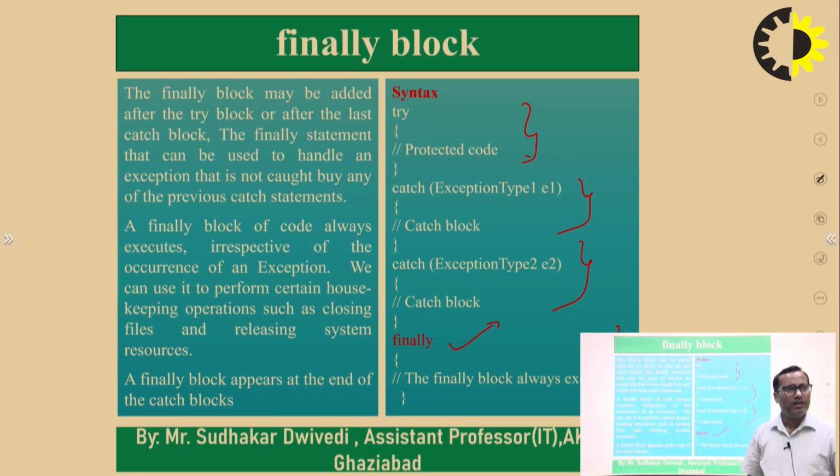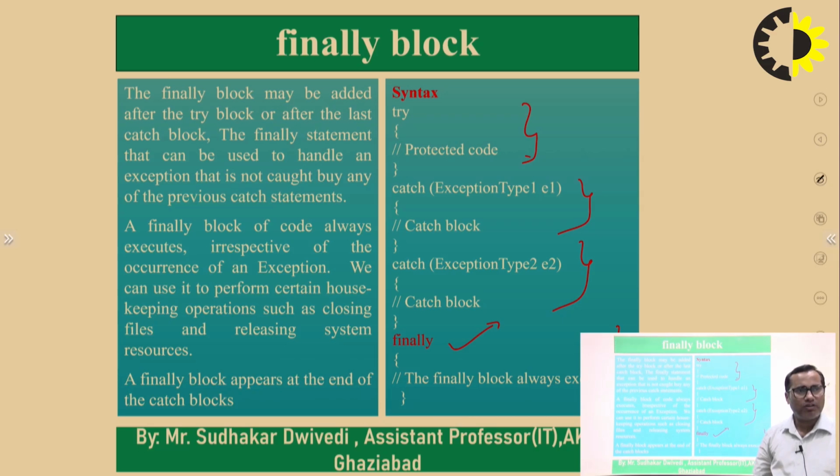The finally block may be added after the try block or after the last catch block. The finally statement can be used to handle an exception that is not caught by any of the previous catch statements. So this finally block will be used to handle all the types of exception that are not handled previously by any of the catch blocks.